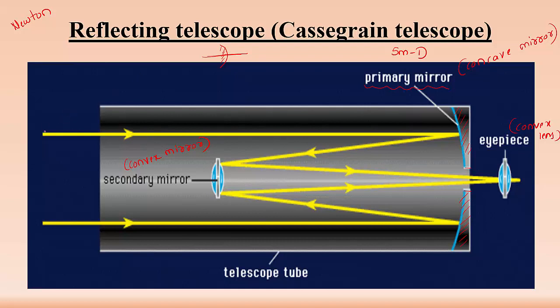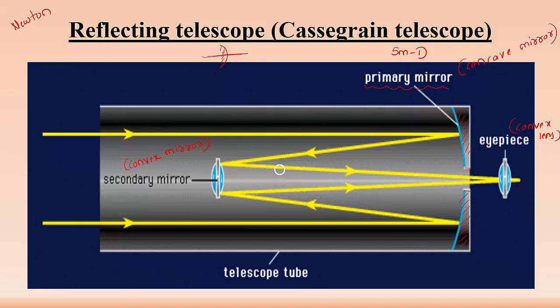Now let us consider a parallel beam of light. When this parallel beam enters the reflecting telescope, it falls on the primary mirror so that reflection of light takes place. After reflection, these two reflected rays would converge, but before converging, I keep a secondary mirror where these two reflected rays again fall on the convex mirror.